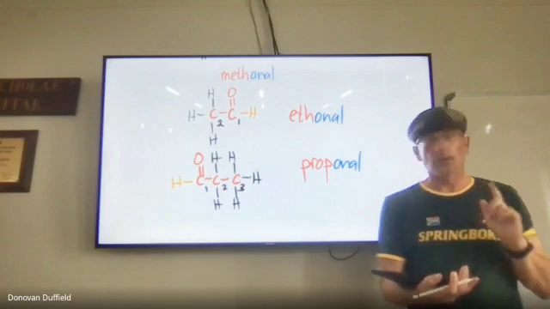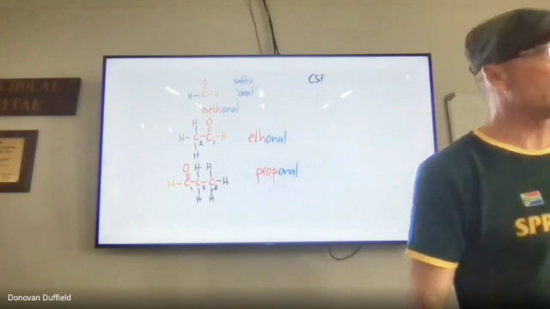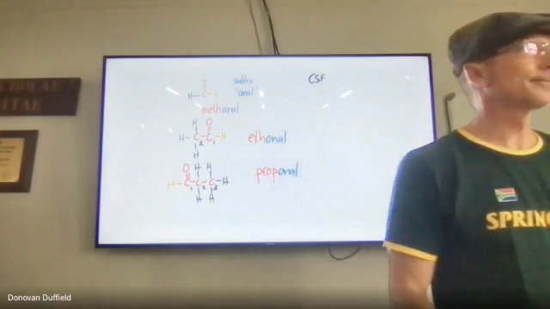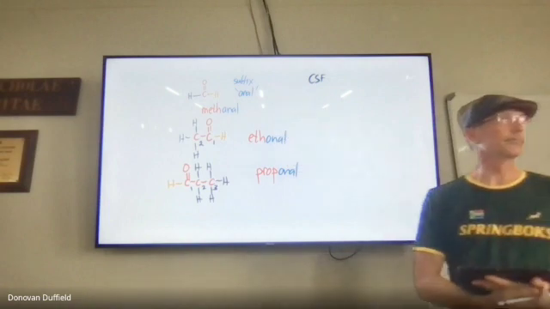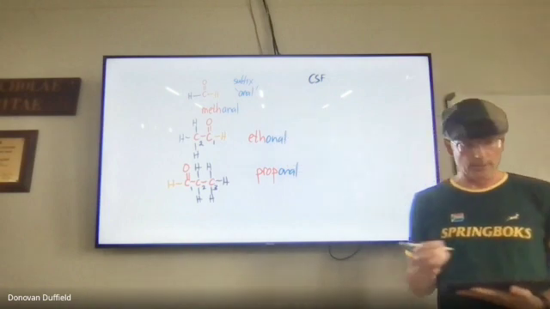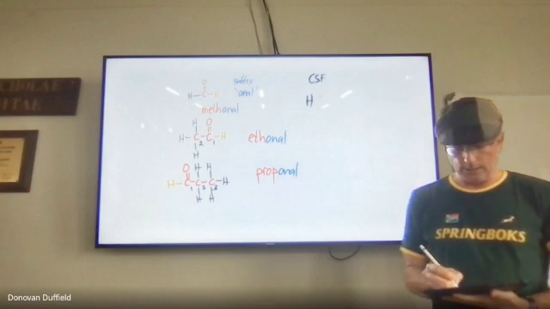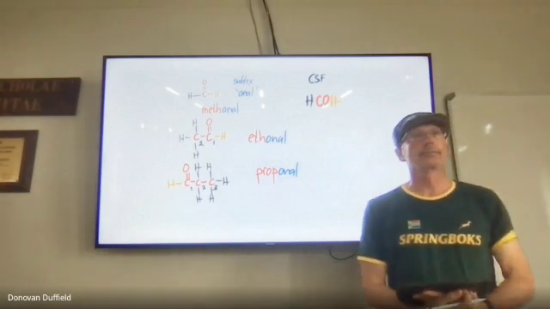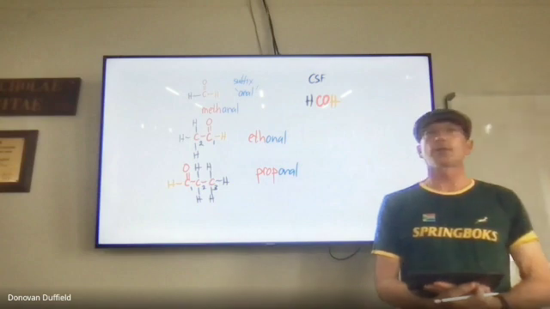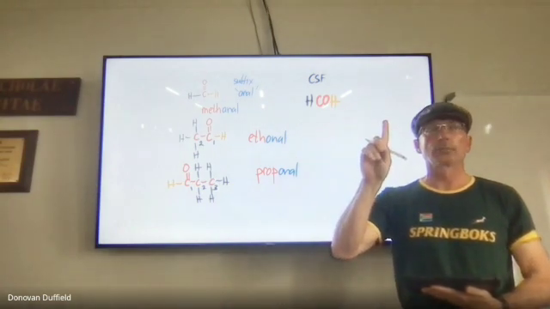All right. Can I please ask you to draw the condensed structural formula? What did you get for your condensed structural formula for the first one? Did you get HCOH? Ladies and gentlemen, that's wrong because that's an alcohol.